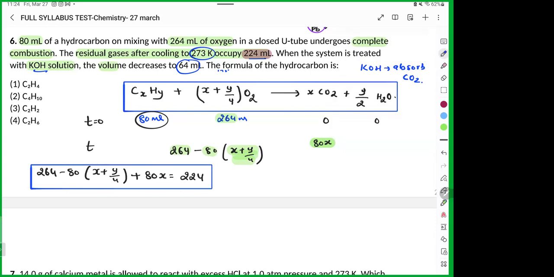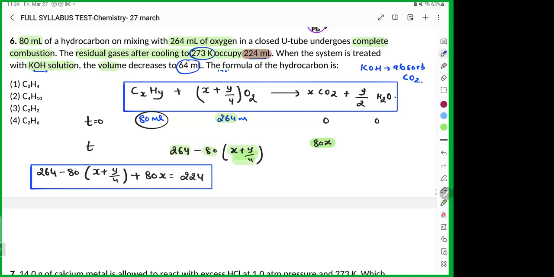So initially 80 for hydrocarbon, oxygen 264 ml, and initially no product formed. After the process starts, combustion happens, CO2 will be produced, correct? Because the hydrocarbon amount is 80 ml, that's why it will be 80. In the same way, oxygen will keep on reducing as the reaction proceeds because it will be consumed in the reaction. Right? 80 times the number of moles.